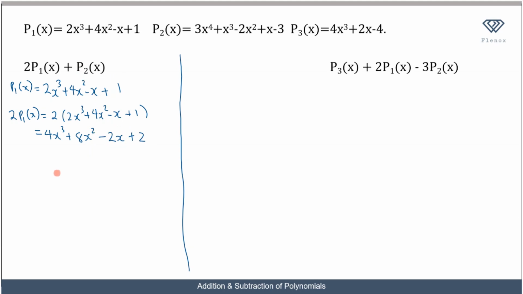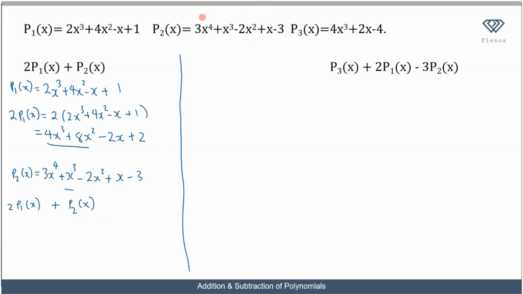And I'm given P2 as what? P2 of x is equal to 3x to the power of 4 plus x to the power of 3 minus 2x to the power of 2 plus x then minus 3. So 2P1 of x plus P2 of x will just be the sum of these two quantities here.